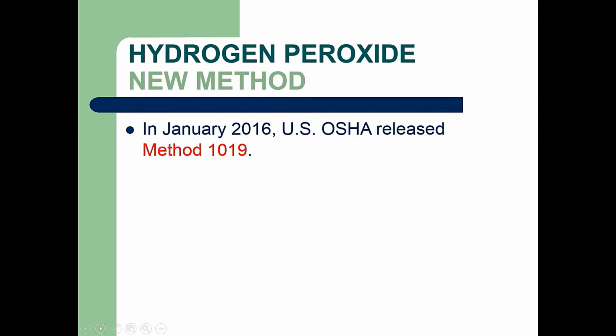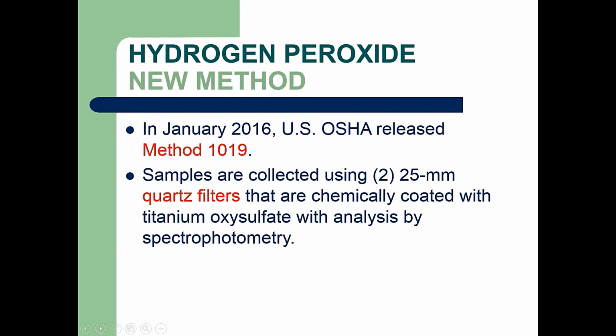The good news is that you can now get rid of the impingers and you don't have to wait for blonde hair. No. US OSHA has just released method 1019. Hallelujah. This method specifies the collection of hydrogen peroxide onto two 25-millimeter quartz filters.